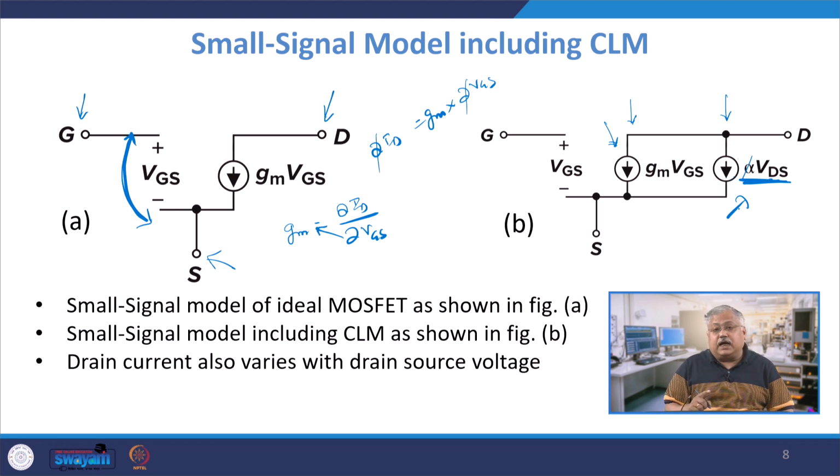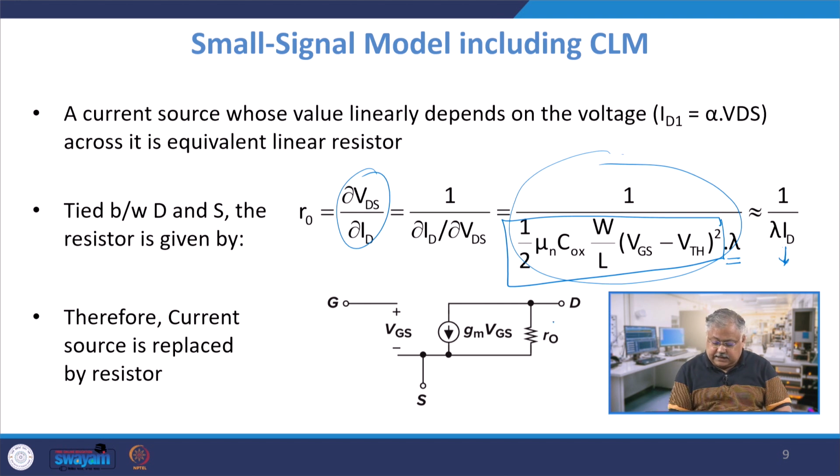Ideally, if you remember, the current source has an infinitely large output impedance, right? But since I now have a finite resistance for the current source because of the CLM effect, I automatically get a resistance R0 available to me, which is in parallel to the channel current source.